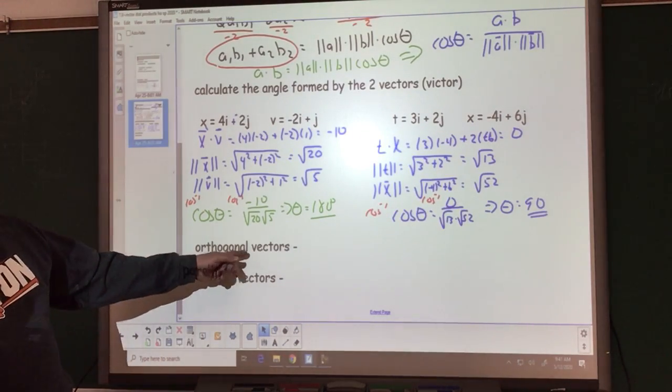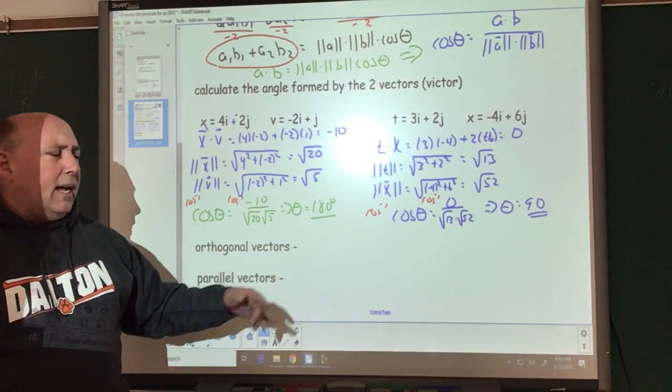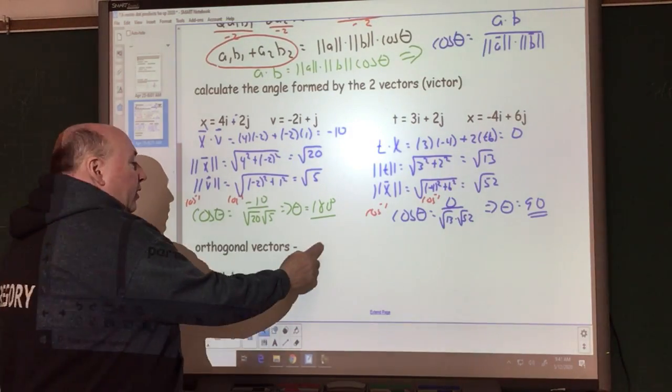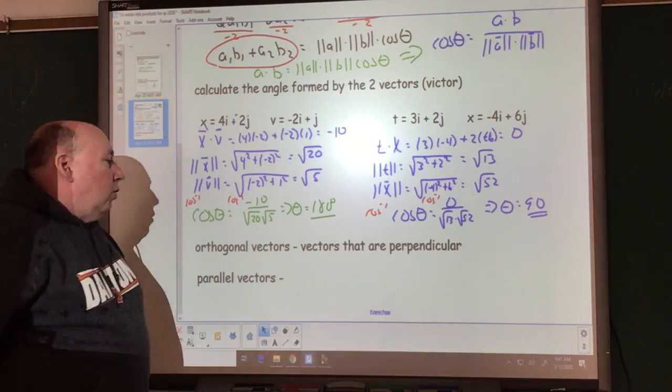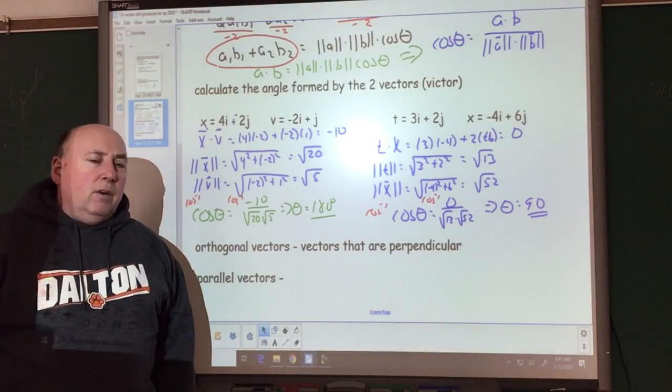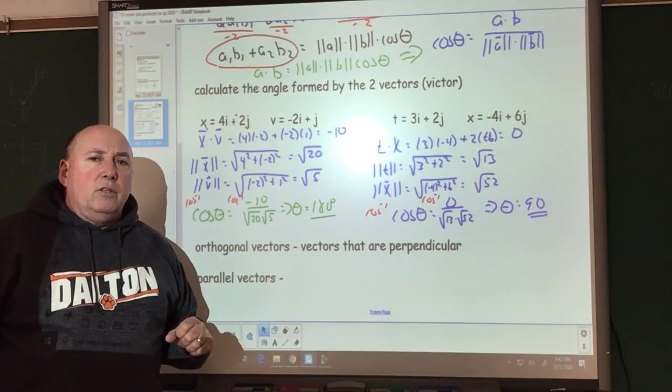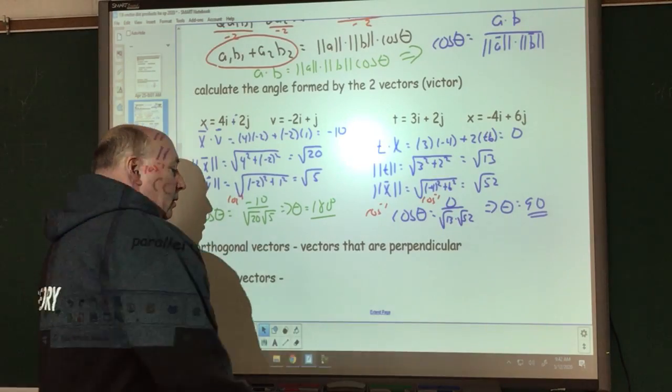Well, we got two different types of vectors that we can classify these as. We have orthogonal vectors, which are perpendicular vectors, so we form a right angle.